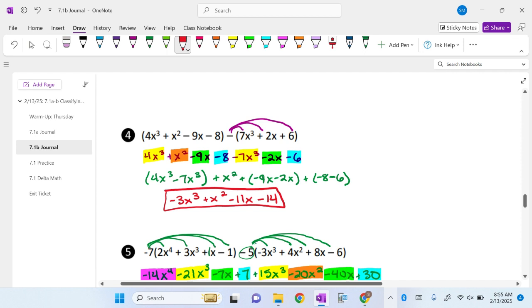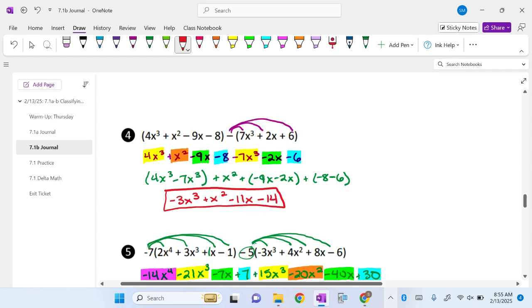So again, I'm flying through this because combining like terms shouldn't be something that you're unfamiliar with. Guys, again, heads up where you're standing up. Any questions on adding and subtracting polynomials?